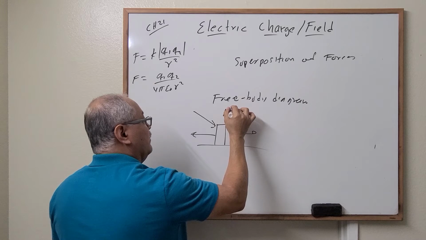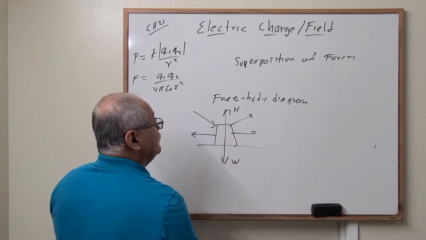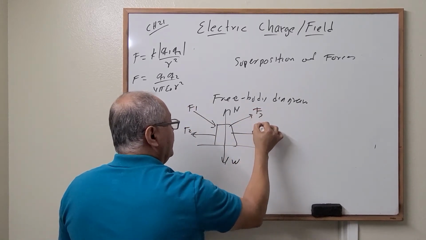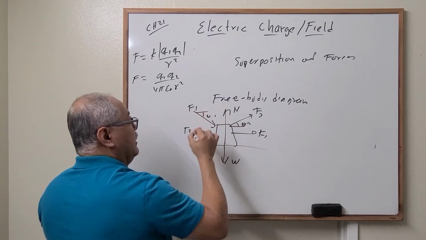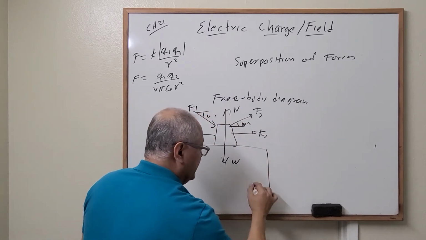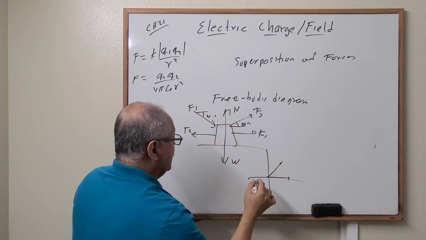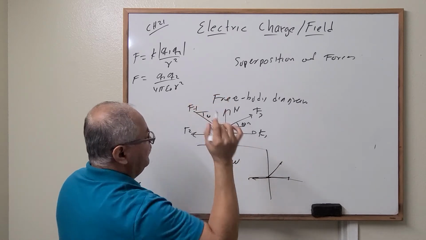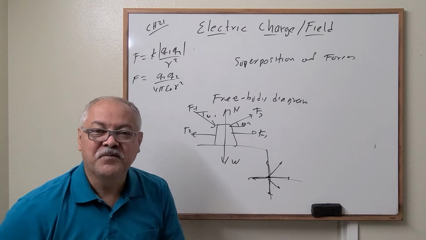Also, we have the normal force and the weight. This is F1, F2, F3, F4, and we have angles theta 1, theta 2, and so on.